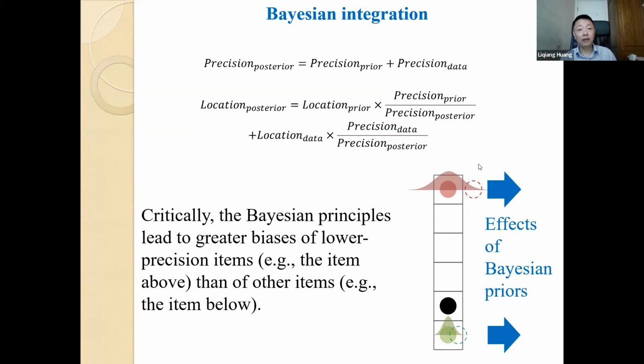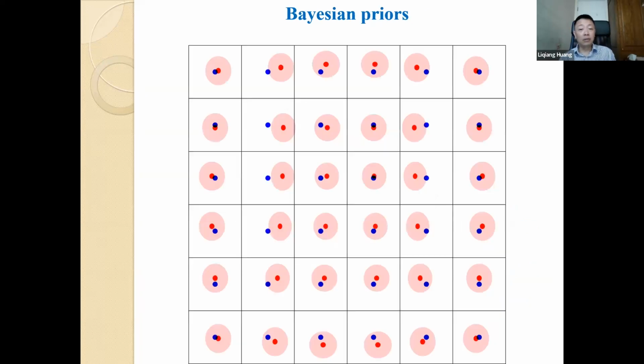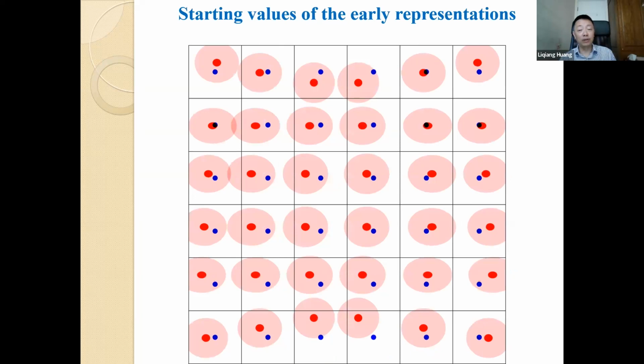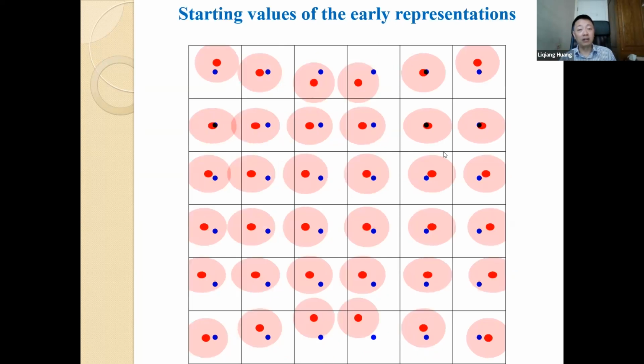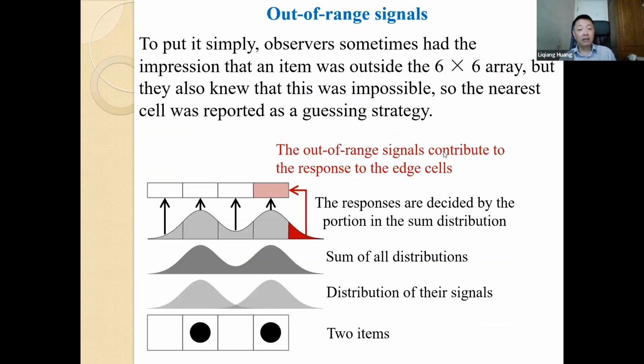So this is how Bayesian integration works in this particular study. We found that the Bayesian priors are distributed like this, and the representations are distributed like this. I modeled those, but the conceptual reason is not entirely clear.